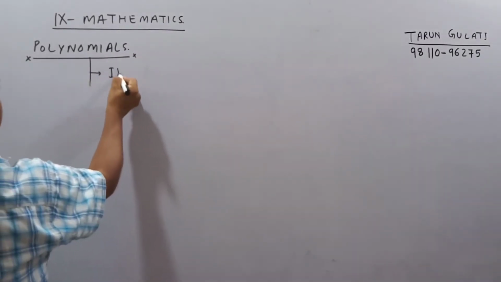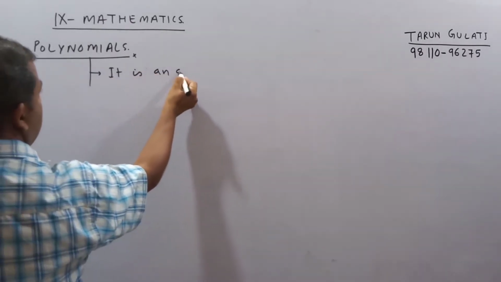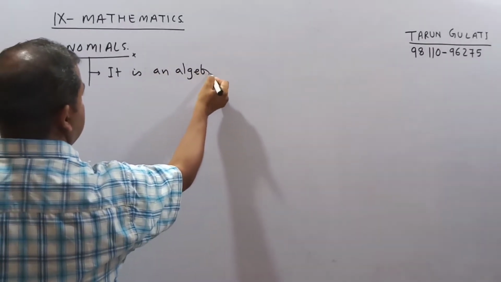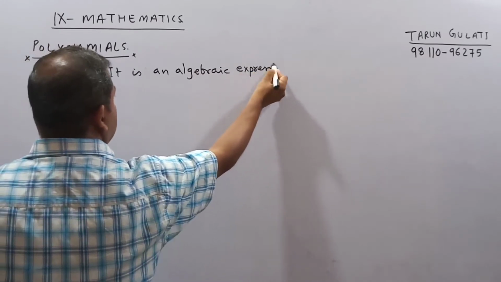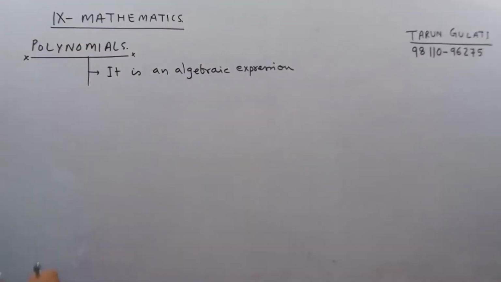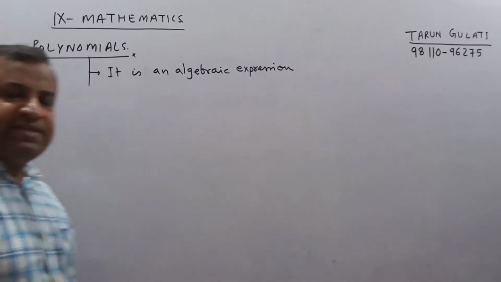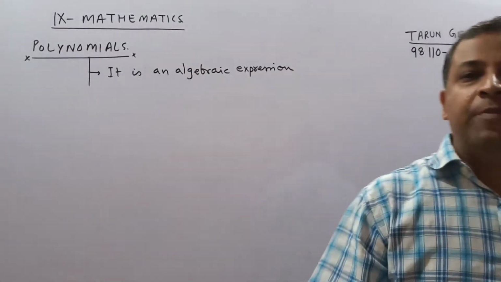Polynomial is nothing. It is an algebraic expression. What is polynomial? First of all, we have to understand the meaning of polynomial.